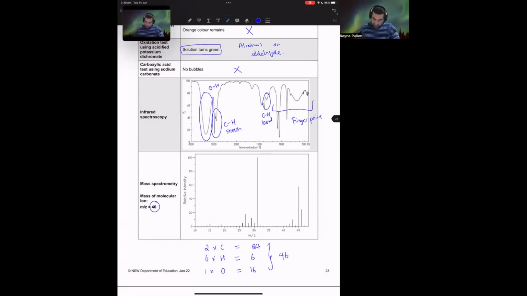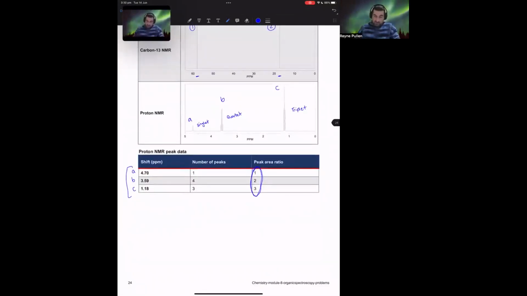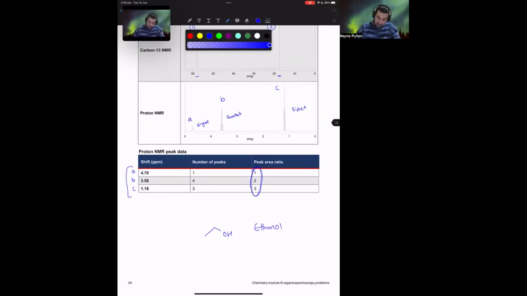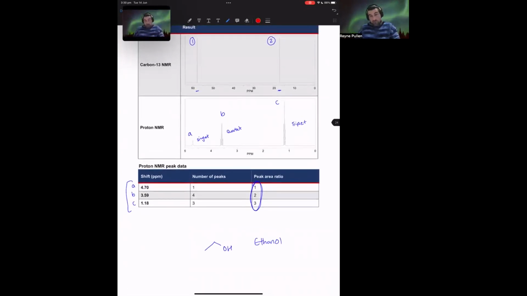Okay, with all of these things together, this one I think is pretty straightforward. We have 2 carbons, we've got an alcohol, we know the order that they're in. This is telling me it must be ethanol, okay? And if we kind of go back through our logic here, and I'll change color to make it stand out a bit. Peak 1, remember if we said from peak 1 in the carbon NMR, it's de-shielded, it's gone further down in its shift.